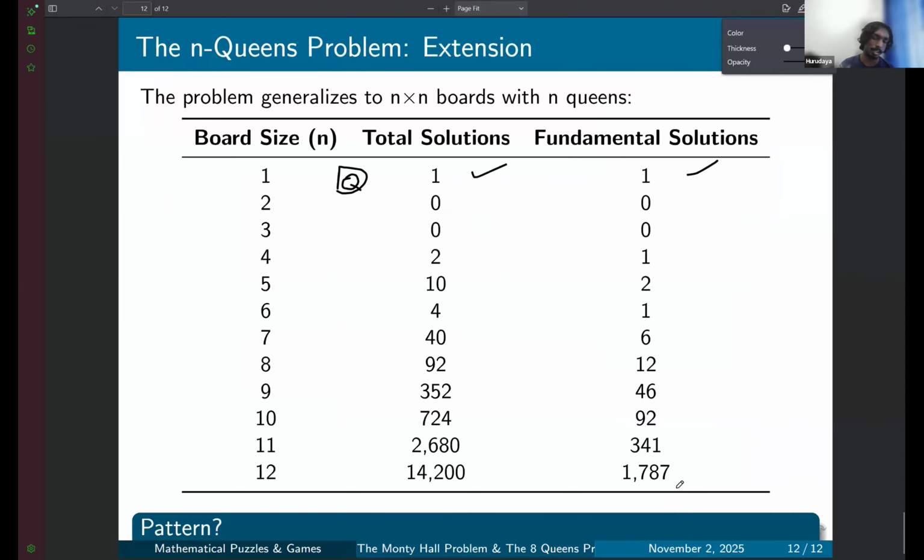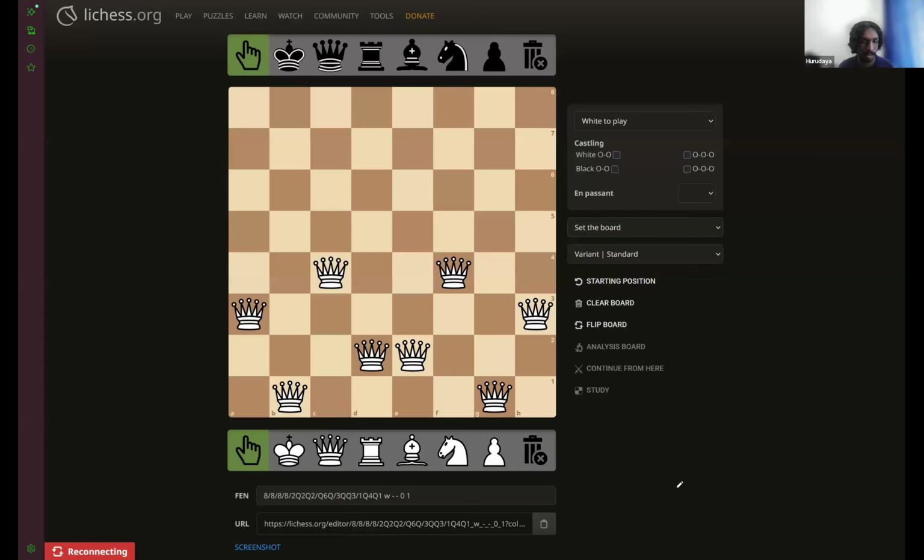If you have a 2x2 or a 3x3 board, there are no solutions. Similarly, a 4x4 board has the 2 solutions that I showed you. These are the only 2 valid solutions for a 4x4 board.